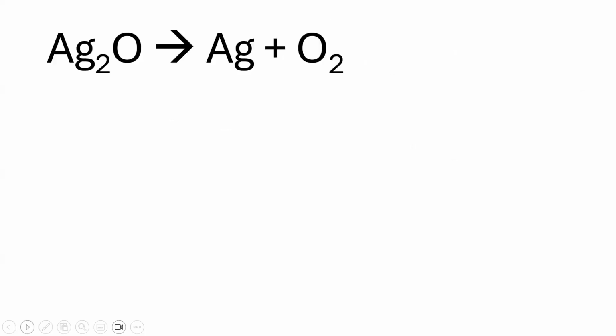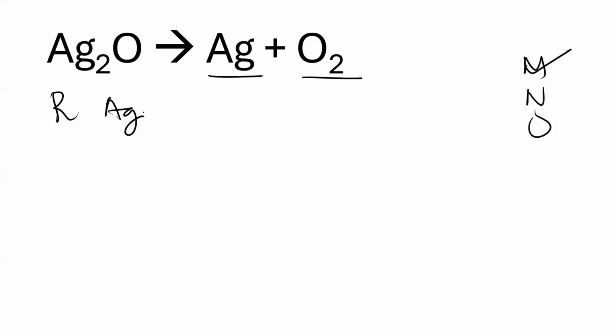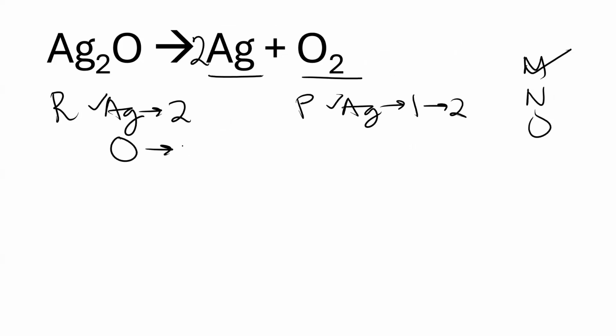We're done with the first example. We'll go to the second example this time: silver oxide to form silver and oxygen. It's quite straightforward. On the reactant side, we have silver, that's MNO, our metal is silver. You have 2 on the reactant side. On the product side, silver is 1. So we place 2 here to balance that. So silver gets balanced. Oxygen on the reactant side is 1, and oxygen on the product side is 2.